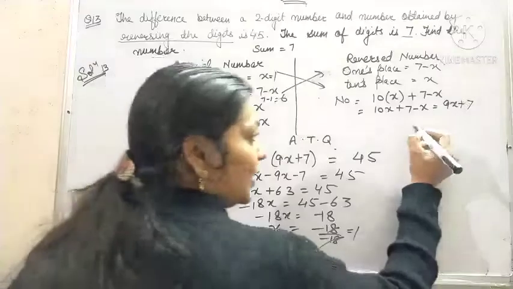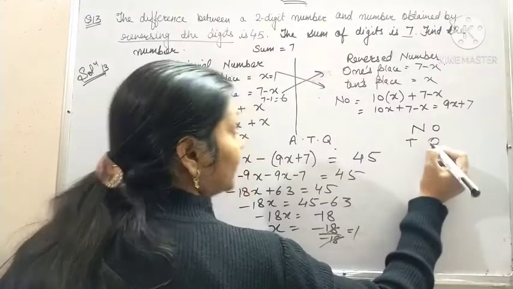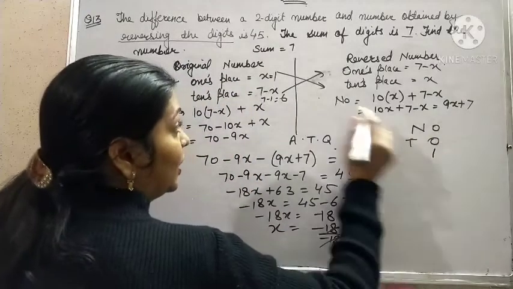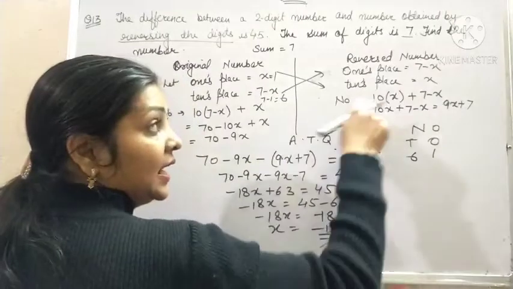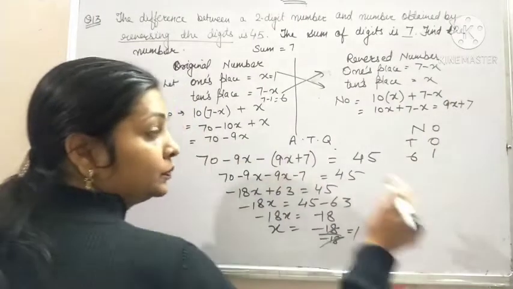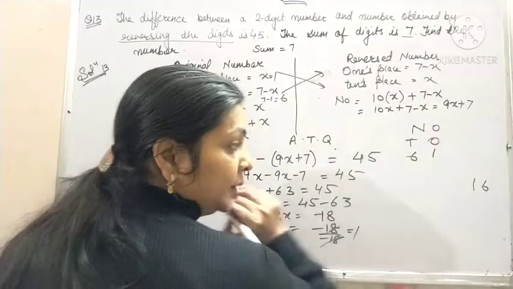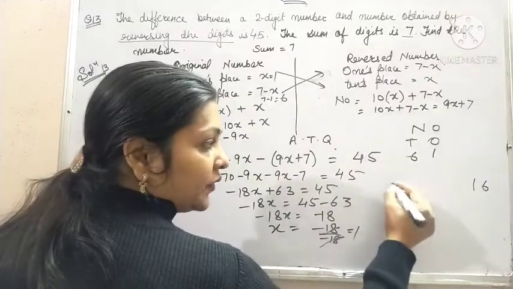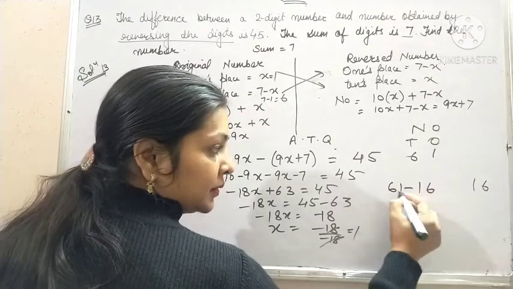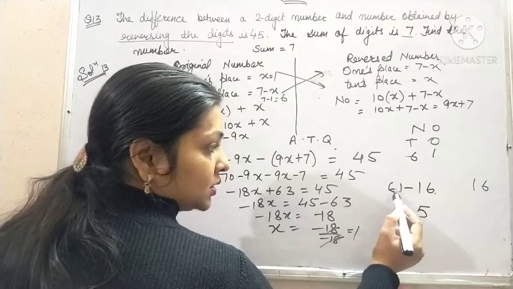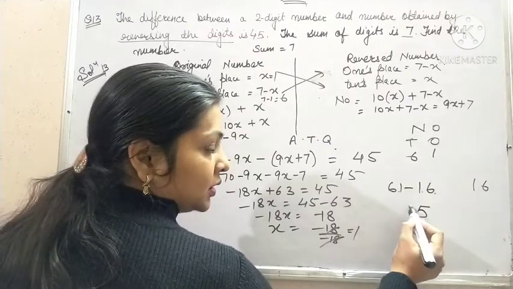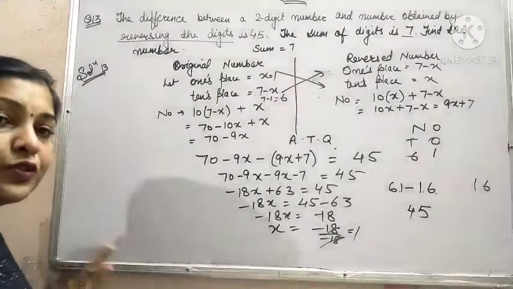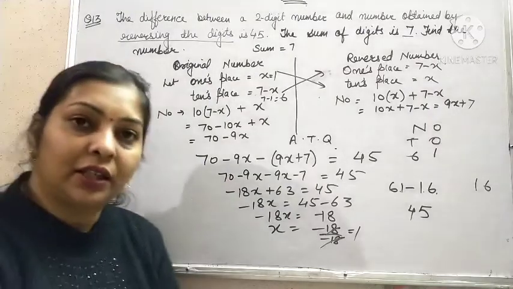So the required number will be equal to ones place 1, tens place 6, and the reverse number will be equal to 16. Now you can find their difference: 61 minus 16, 45.